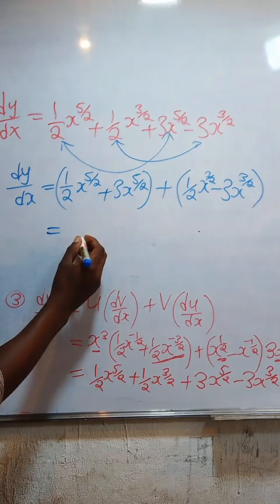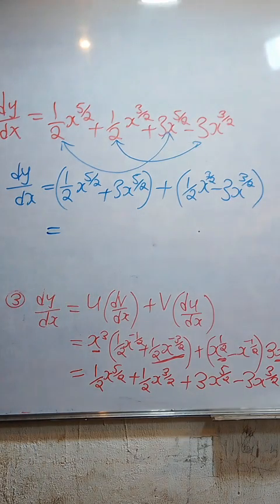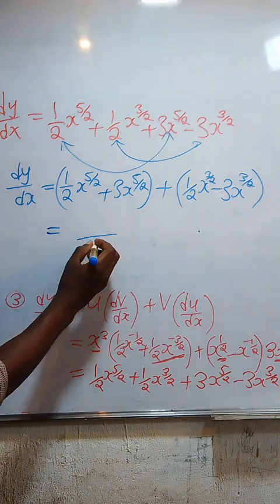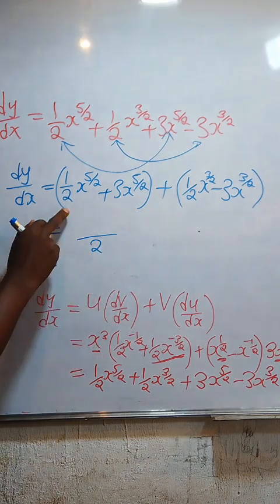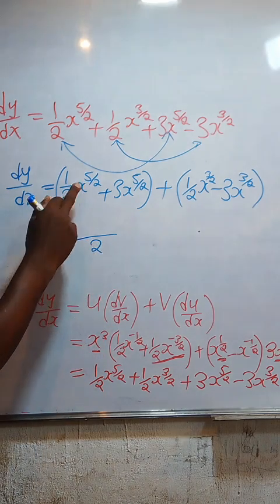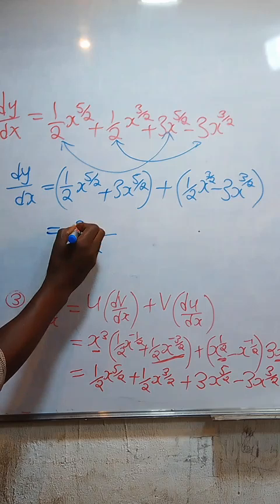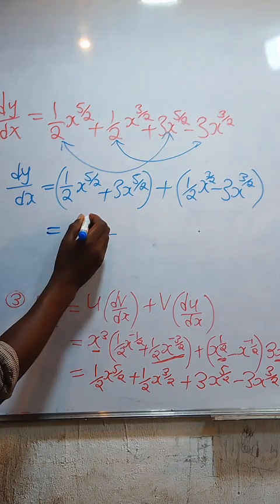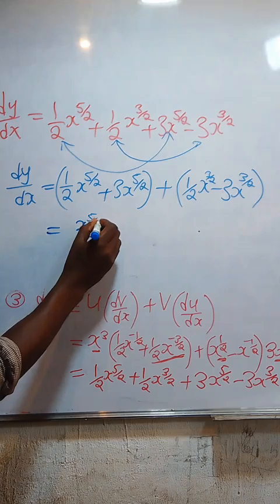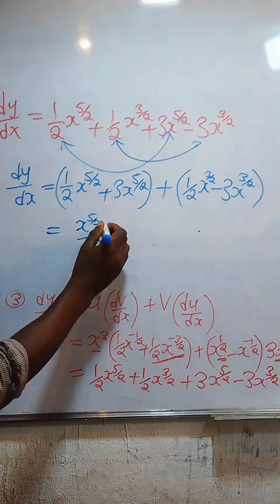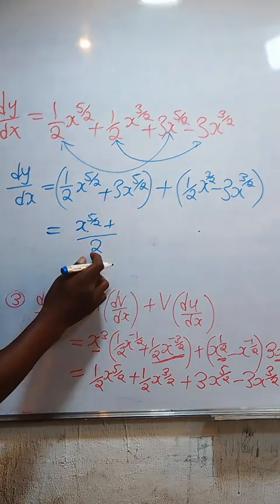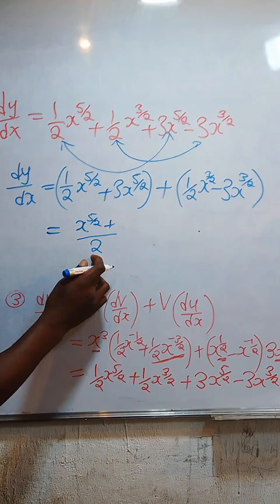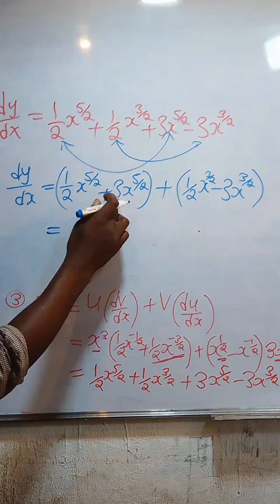The lowest common denominator is 2. 2 into 2 is 1, times this one, this is going to be x to the power 5 over 2, and plus this into this is just 2, times 3.